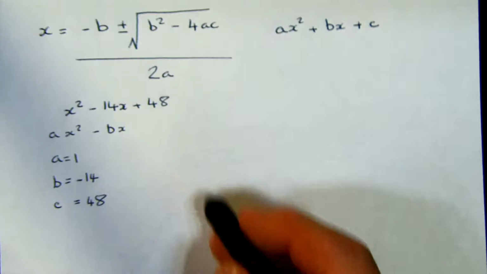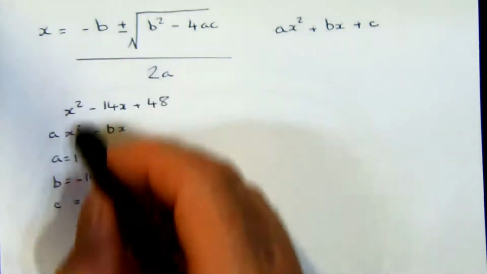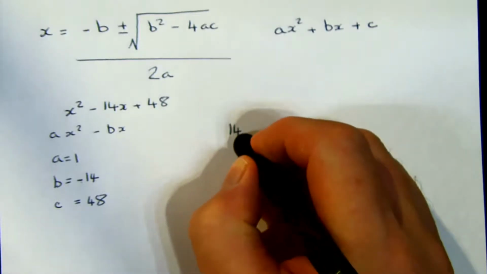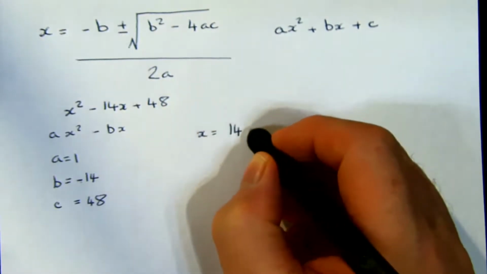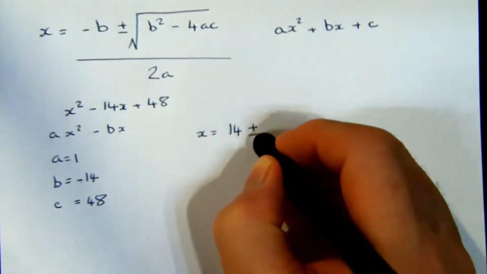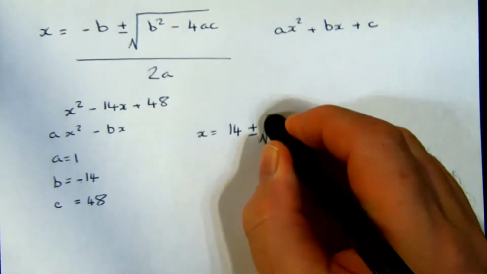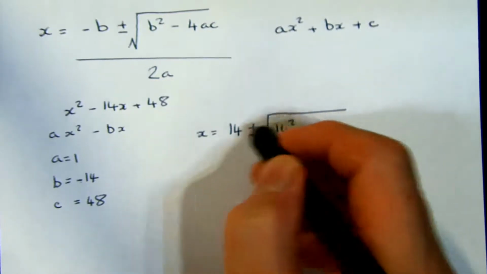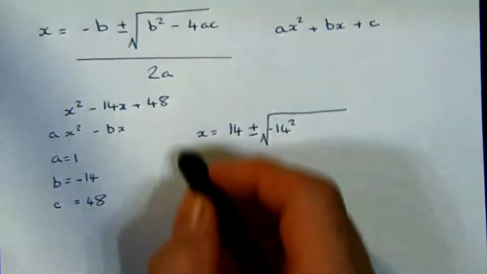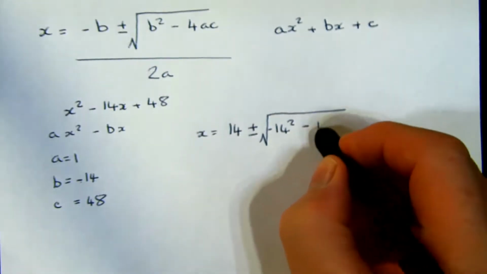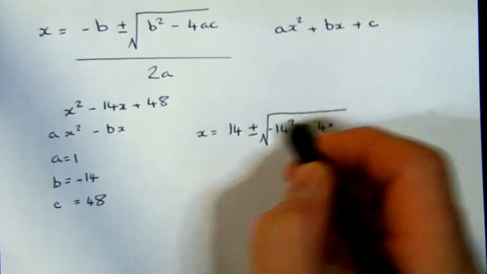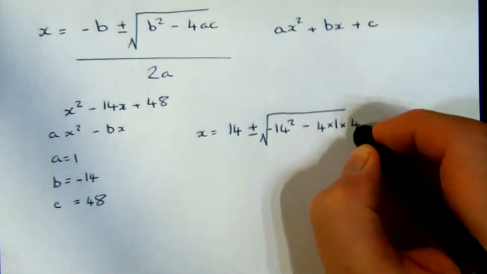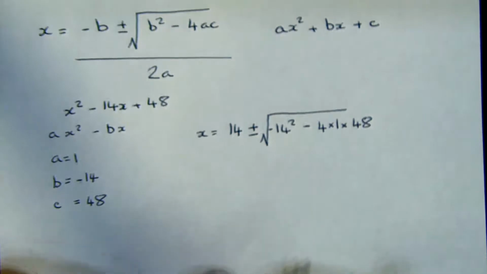Let's look at our formula. So we've got minus b, which is minus minus 14, which is going to give me plus 14, plus or minus the square root of minus 14 squared, minus 4 times a, which is 1, times c, which is going to be 48.